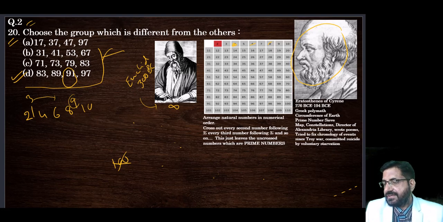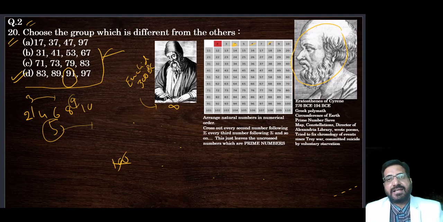You are left with 5 here. Take 5, it is also prime, and then go on cancelling multiples of 5. Like this, you keep on cancelling multiples. So whatever you are left with up to 100, those numbers which are not cancelled, all those are prime numbers.